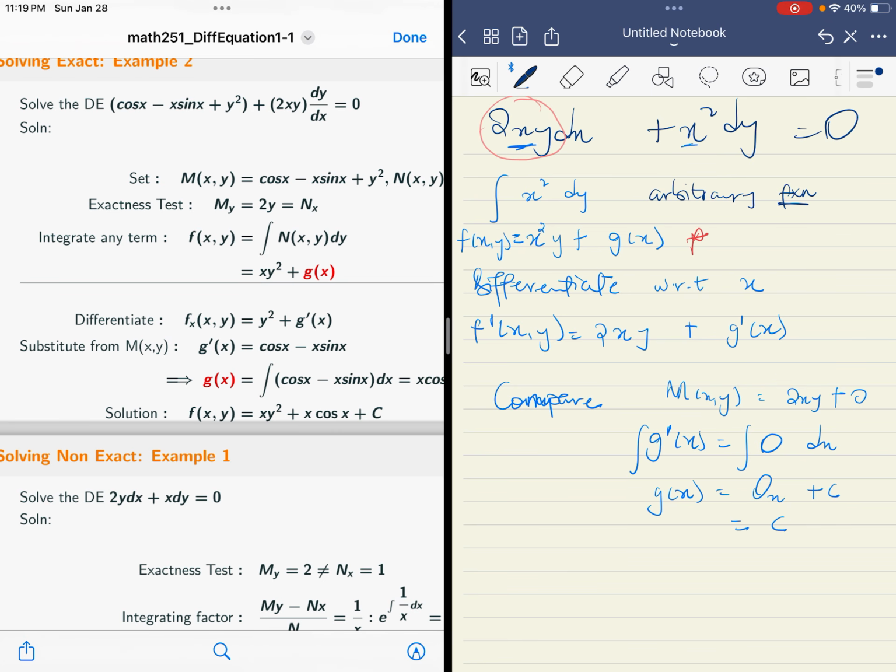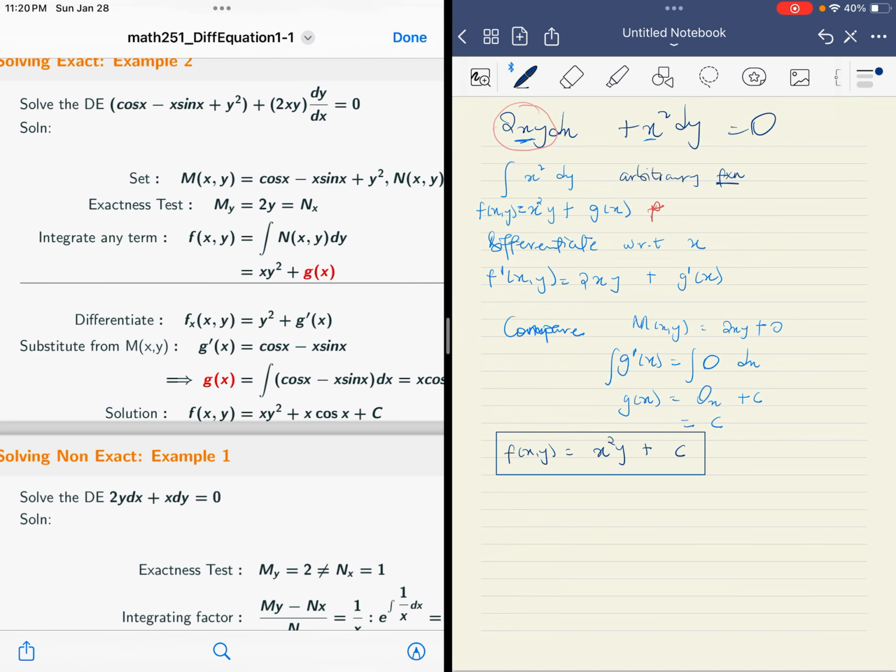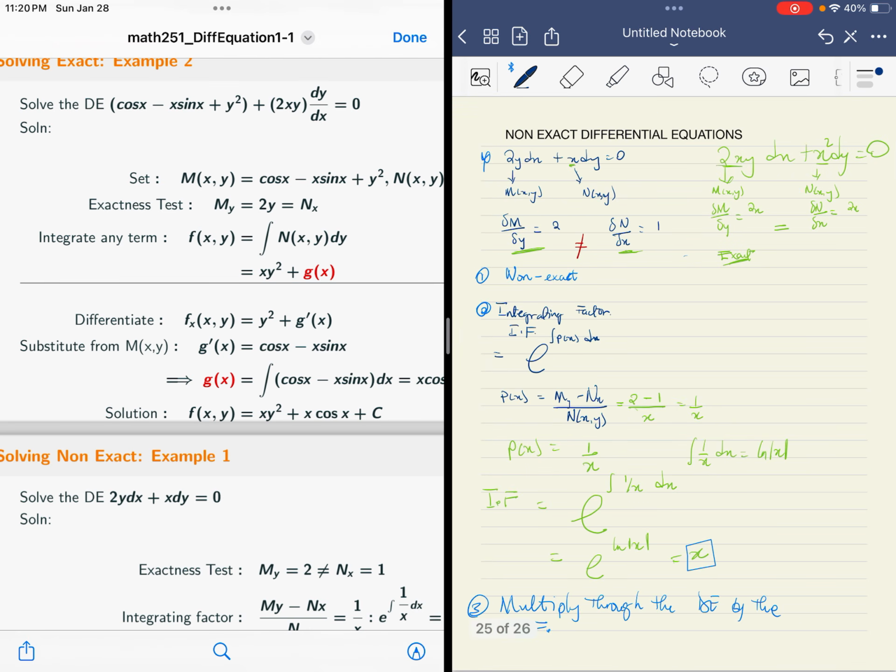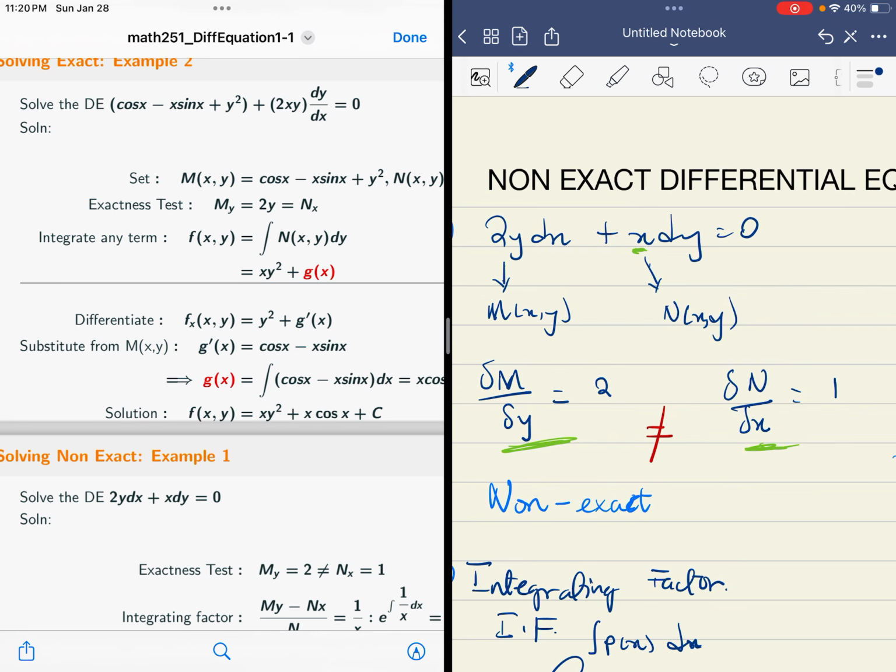So we get our solution f of x y to be equal to x squared y plus c. And this is the solution to what was our non-exact question right here.